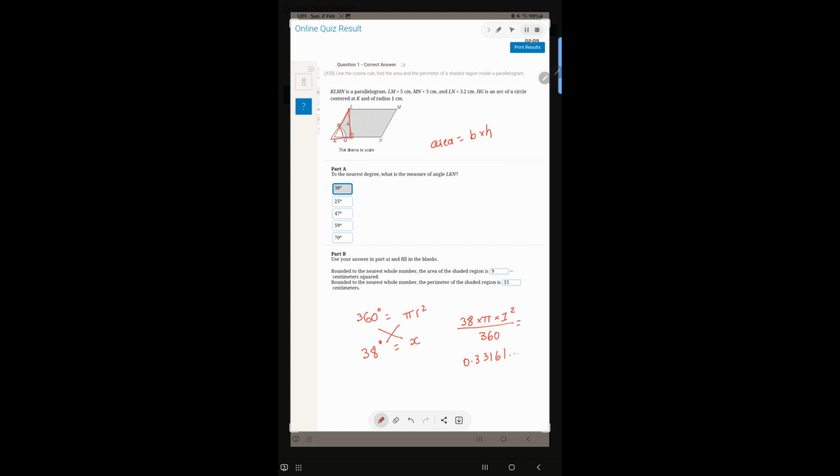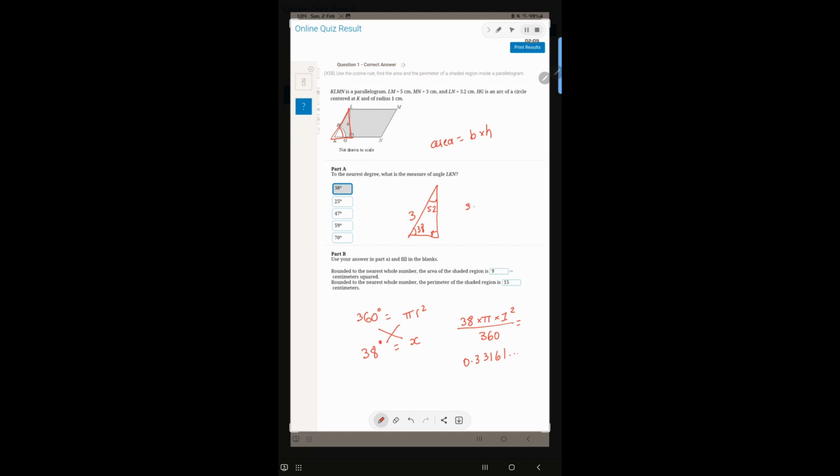You have this angle. Let me draw it on a bigger scale. This angle is 38. This is a right angle. So the last angle will be equal to 52. And you have this side, LK, is 3. We found that before. So what you can do is use the sine rule.